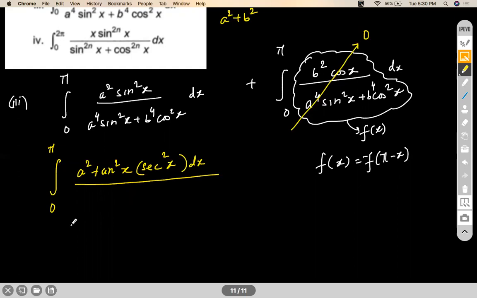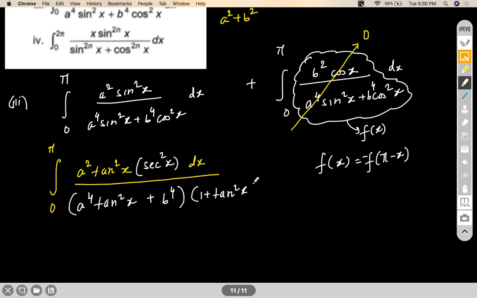Why are you dividing it by this? Let it be as it is. Let's divide by cos square only. So this will be a to the power 4 tan square x plus b to the power 4. But ultimately you have to multiply with the secant square x, so multiply with 1 plus tan square x.